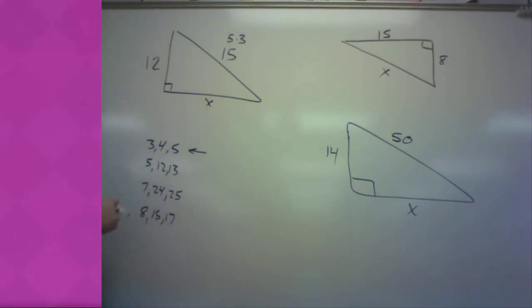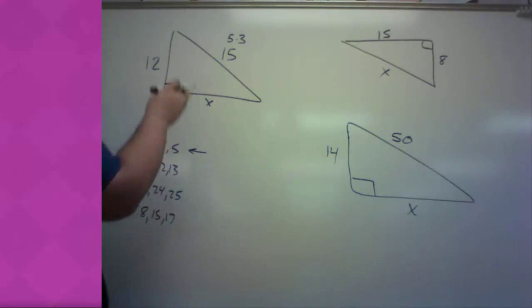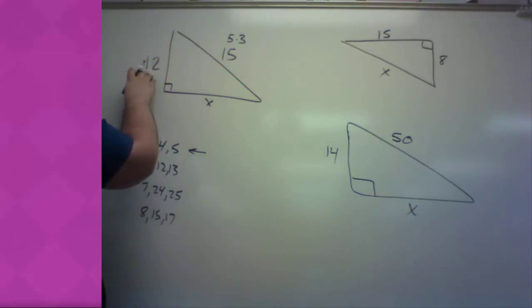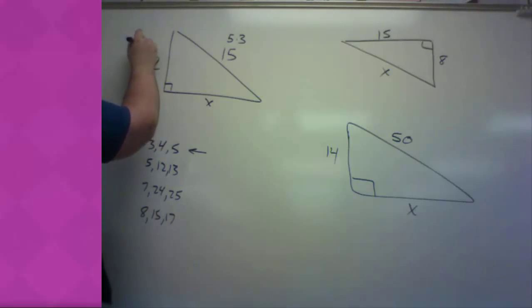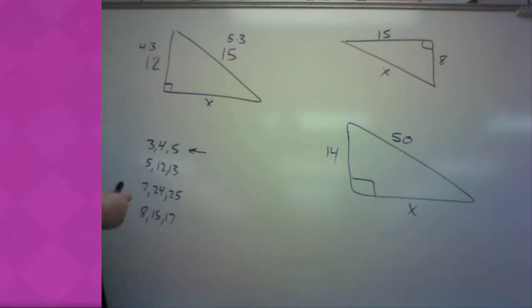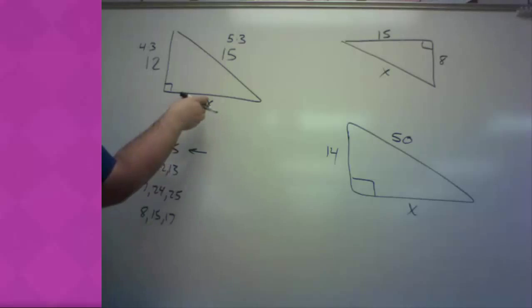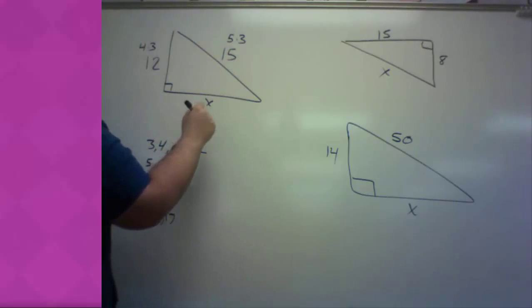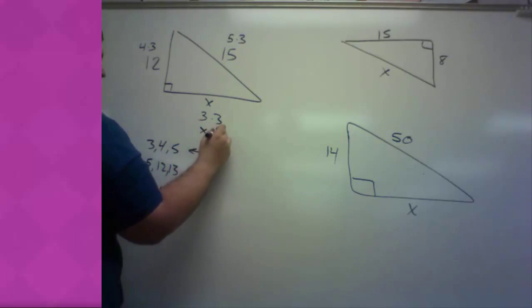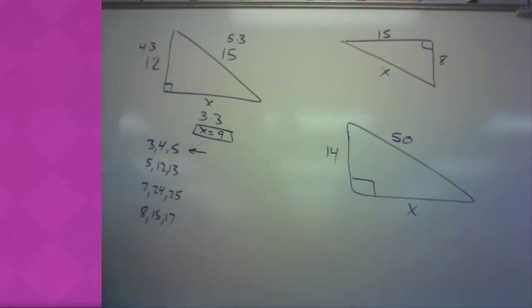Alright, 4 and 3. Well, if I did 5 times 3, this is either 4 times 3 or 3 times 3. And in fact, this ended up being 4 times 3. Which means if I want a 3, 4, 5 right triangle, I need to have 3 down here. 3 times 3, so x is 9. Wow, then I have to use a single square, and I already have x.